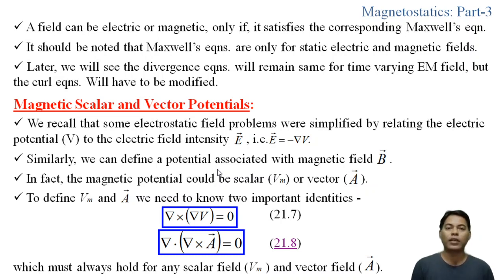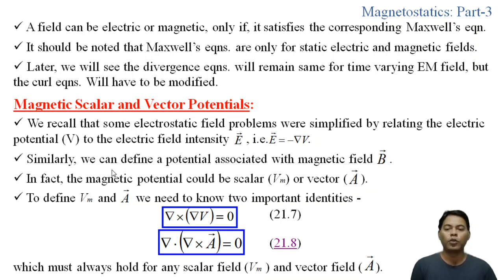In the electrostatic, we have derived one equation which relates the electric field with the potential. You see that E equals minus grad V, which was derived in my earlier lectures. So we are going to use the same way to write the magnetic potential in this form.